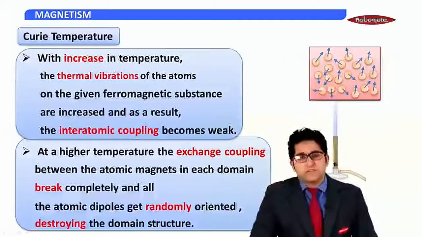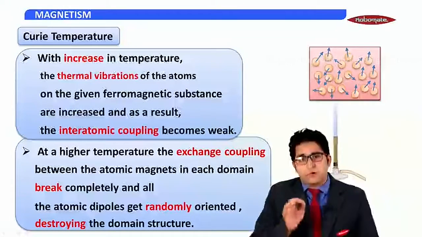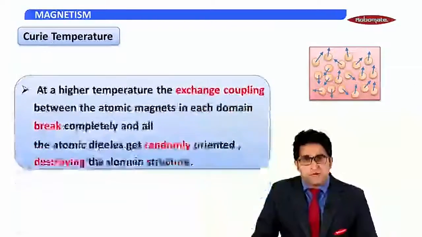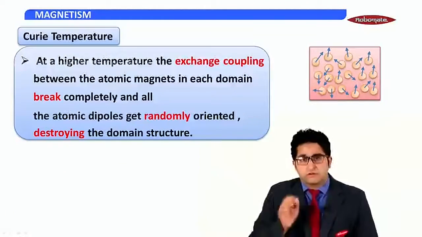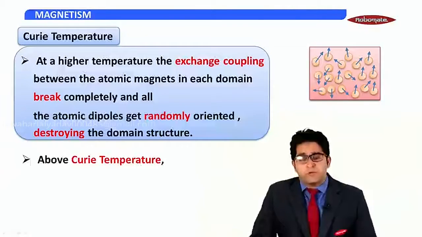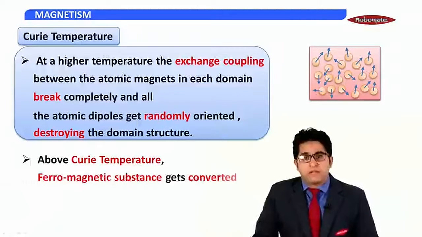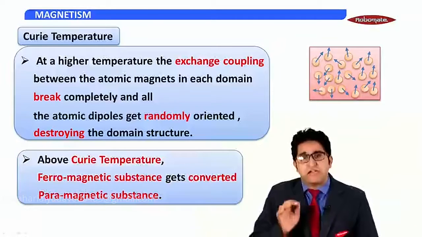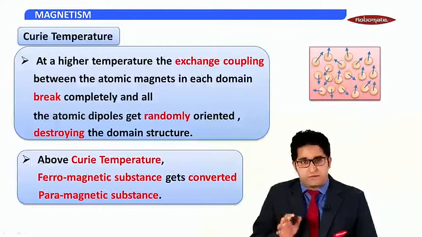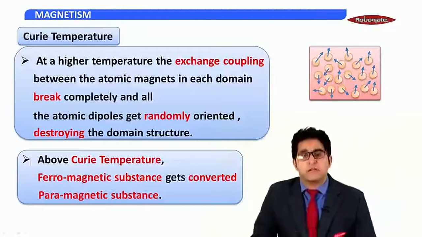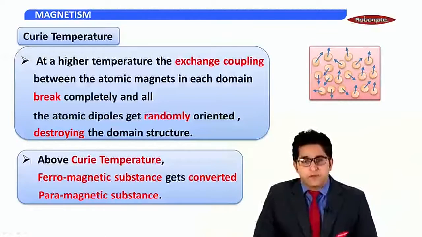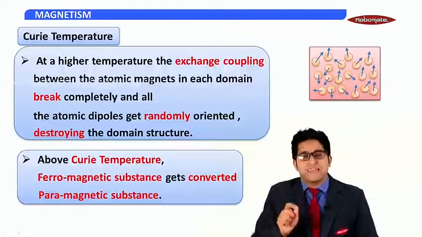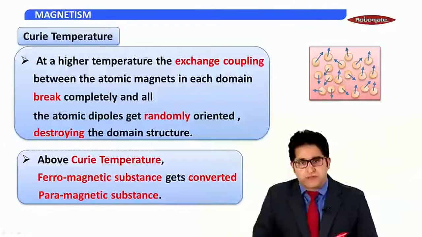Now see this particular sample, right? It resembles a paramagnetic sample, or a paramagnetic material. Thus I can say above Curie temperature, a ferromagnetic material gets converted into a paramagnetic substance. Now even if I cool this sample, it will not regain its domain structure, right?